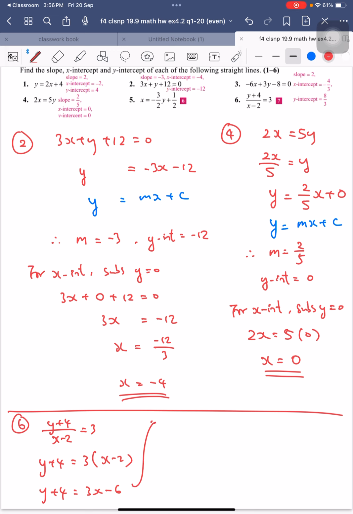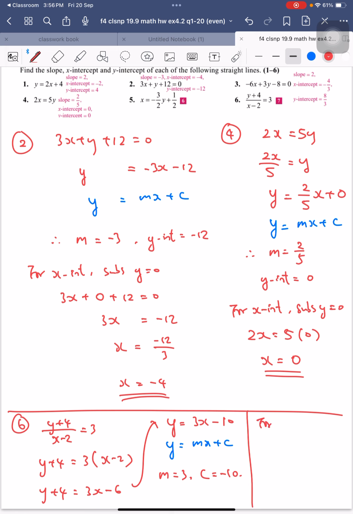So now we can say that y is equal to 3x - 6, and the plus 4 moving to the right becomes minus 4. So 3x - 10. Again, this is the format of y = mx + c. So m is only equal to 3, and then c is equal to -10.